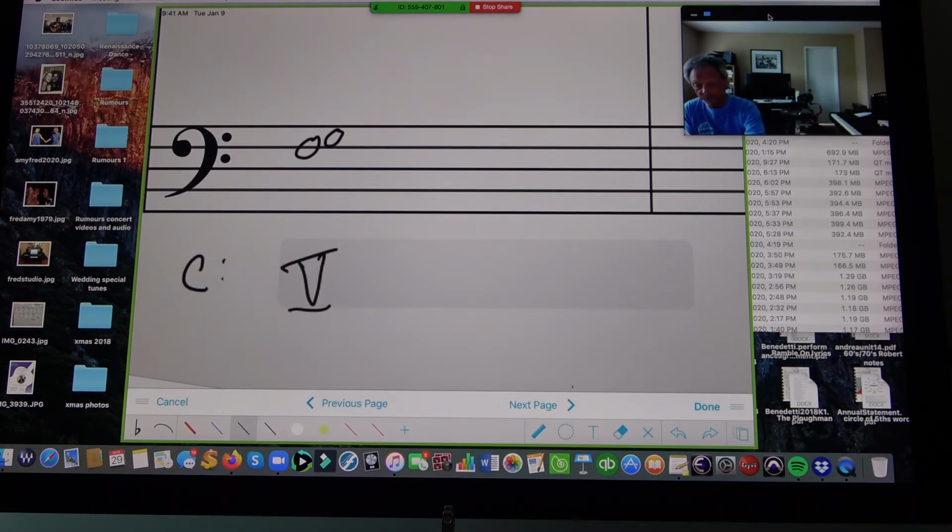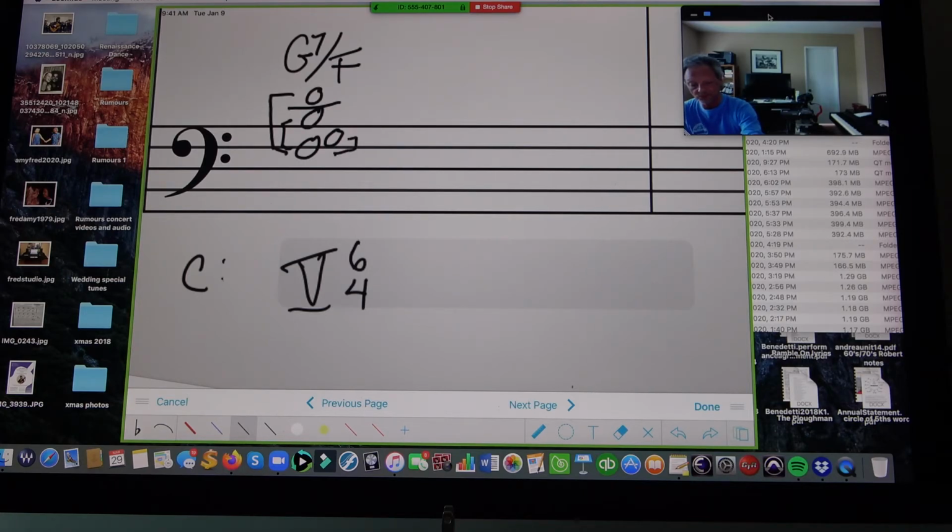Then I put the root G, B, D. That's a G7 chord with an F in the bass. That means that's the 7th in the bass. So then we do the same numbering again. From the bottom note to the top, 6. Bottom note to the next, 4 again. And then this one, this is the important one, a second.